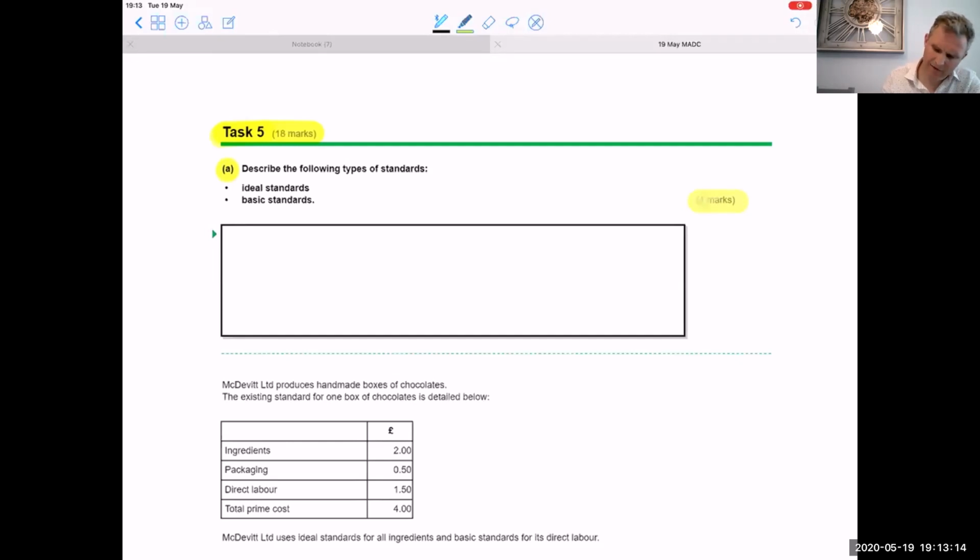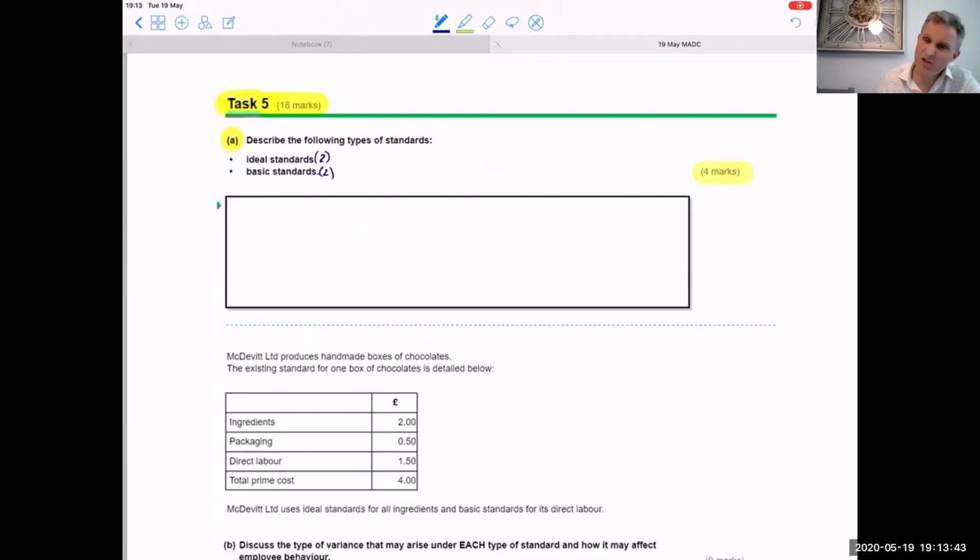So I'm thinking, 4 marks, that's probably 2 marks for each of them. Those of you that have seen me over the last few weeks know that I love doing this because I don't like writing, and writing for 4, 5 or 6 marks is quite a lot. You think, I've got to make a lot of points there. But writing for 1 or 2 marks is a lot easier. So I like taking those big mark allocations and reducing them down.